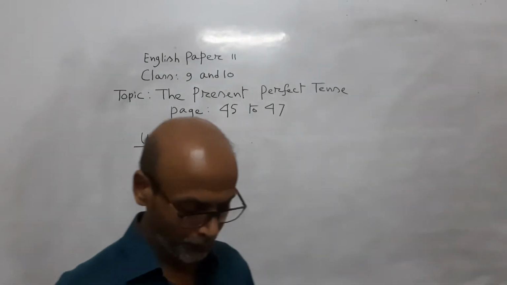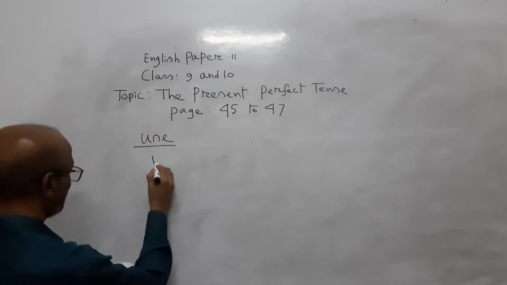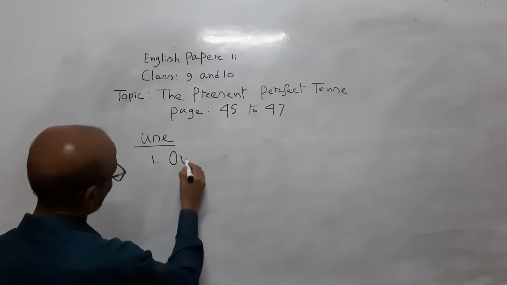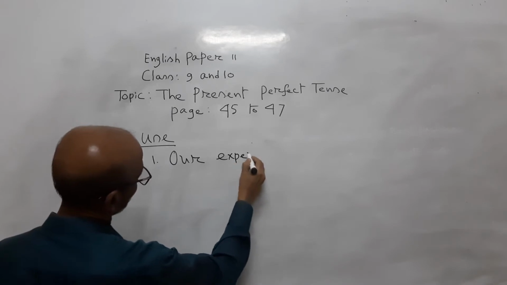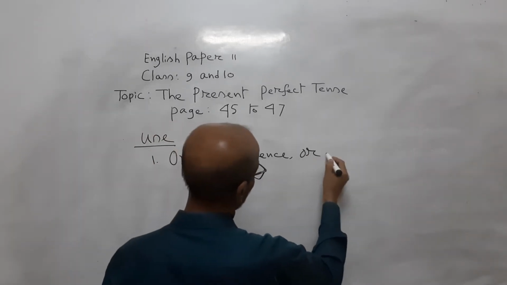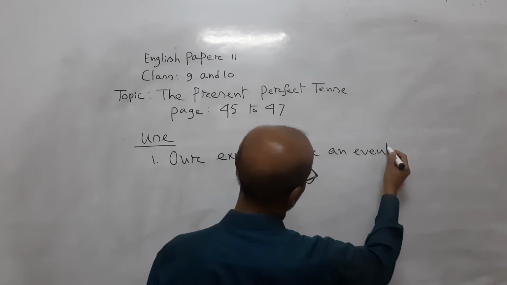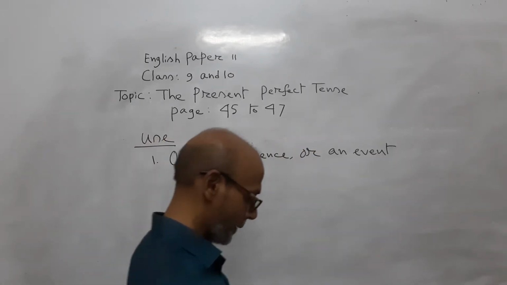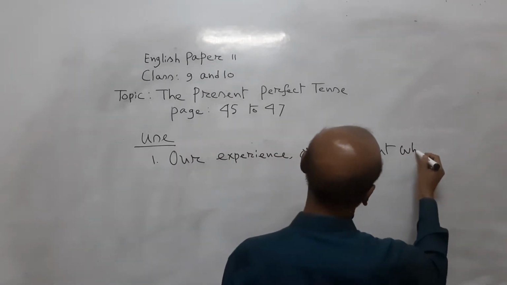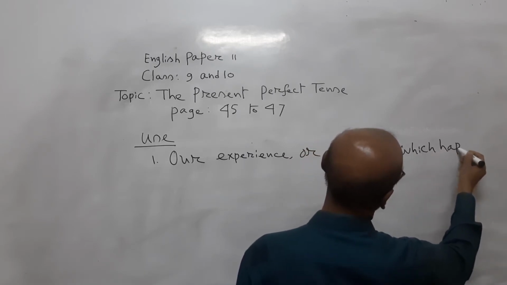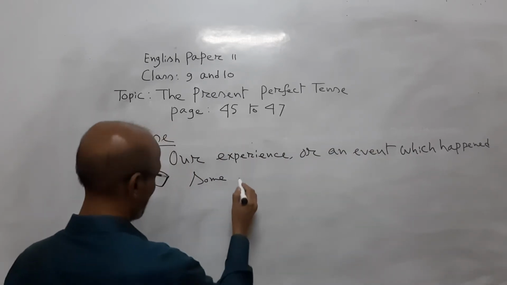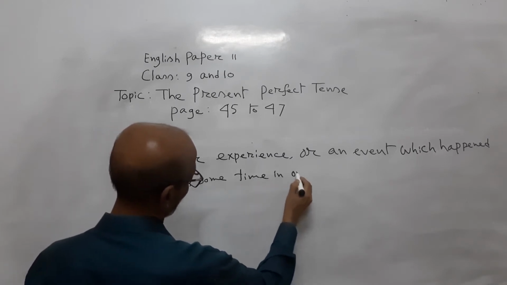We use the present perfect tense to talk about number 1, our experience, or an event which happened at some time in our lives.